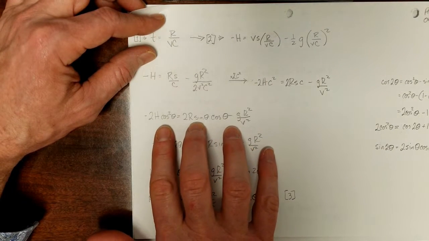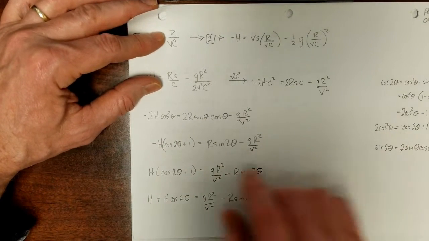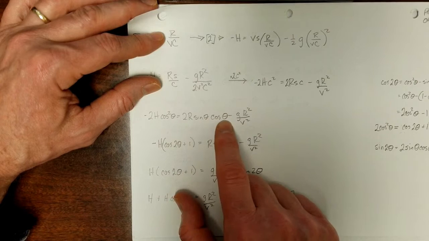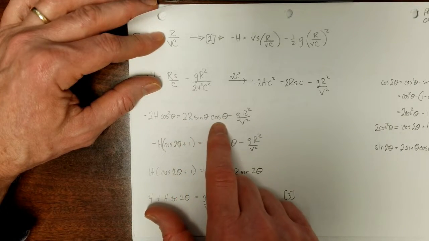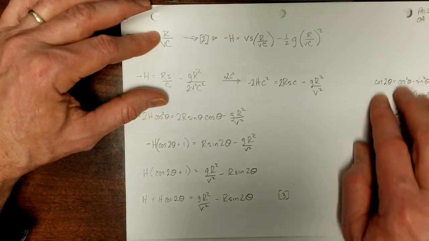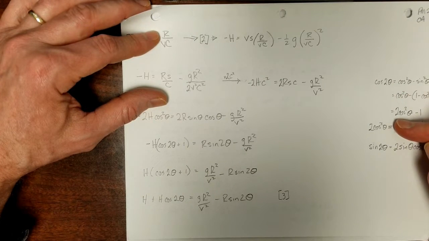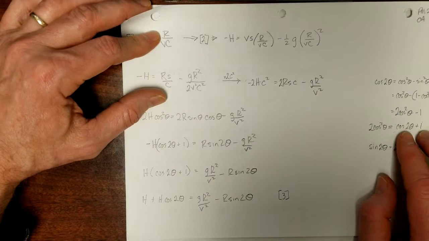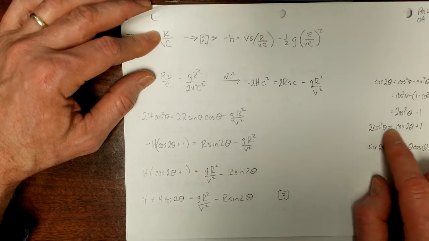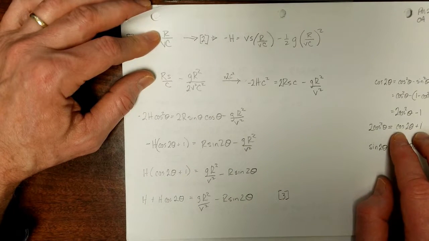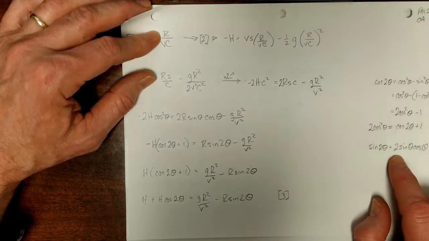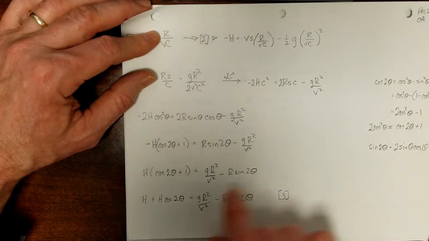Now putting sine and cosine back in, we have a cosine squared and then a sine theta cosine theta. Actually, we have a 2 sine theta cosine theta. Over here on the side, a quick derivation: cosine of 2 theta is 2 cosine squared theta minus 1. And sine of 2 theta is equal to 2 sine theta cosine theta.